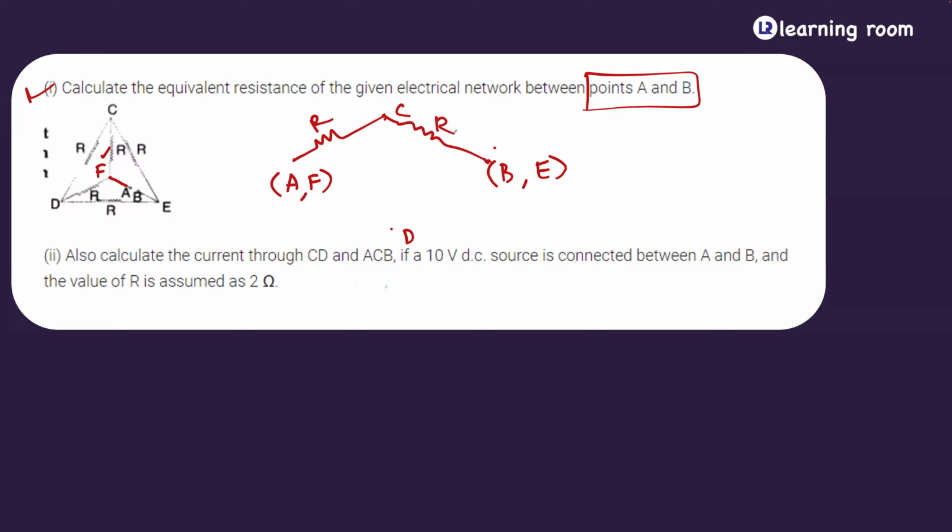Similarly, from E to D, there is one resistor going, and from C to D, there is one resistor going. Answer: R/3.